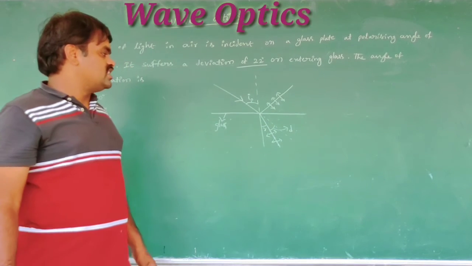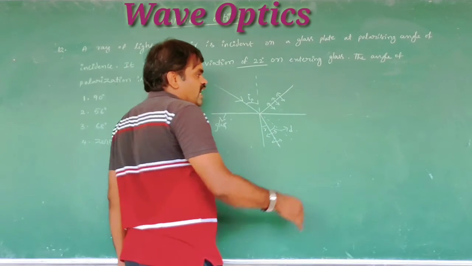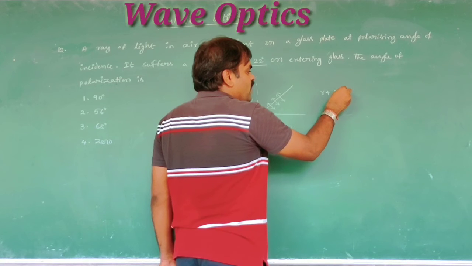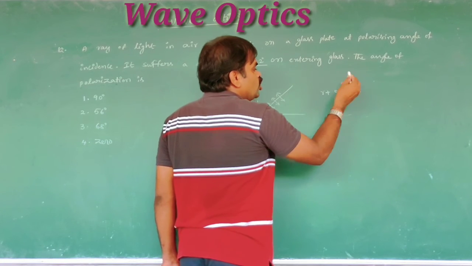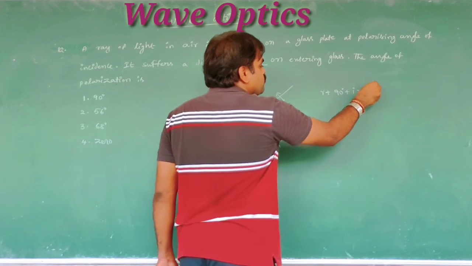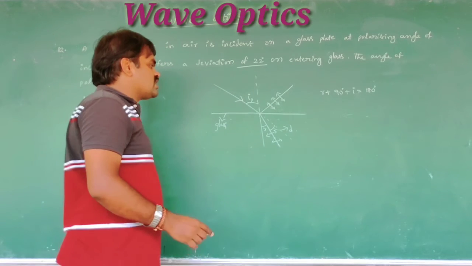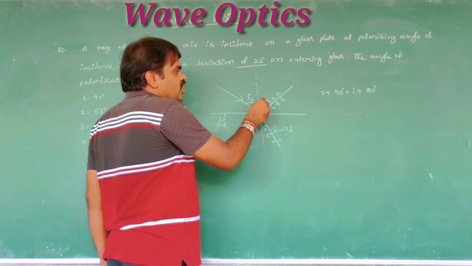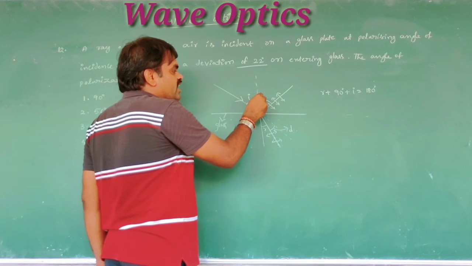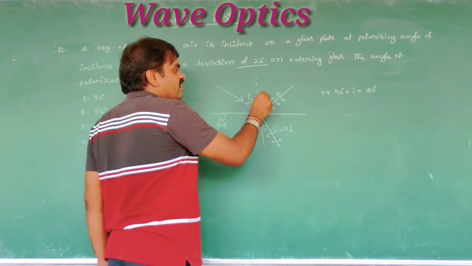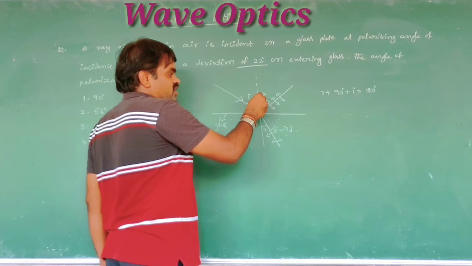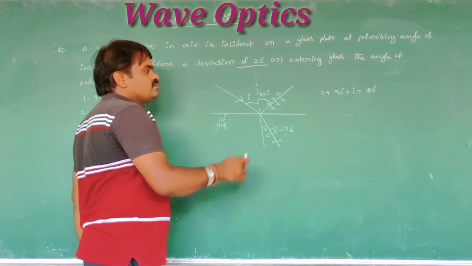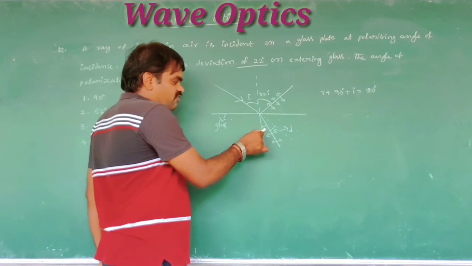The deviation is D. But we know that R plus 90 degrees plus I is equal to 180 degrees. Why am I writing I here? Because the angle of incidence must be equal to the angle of reflection, that is Ip. That's why we simply write I. Now it is refracted.